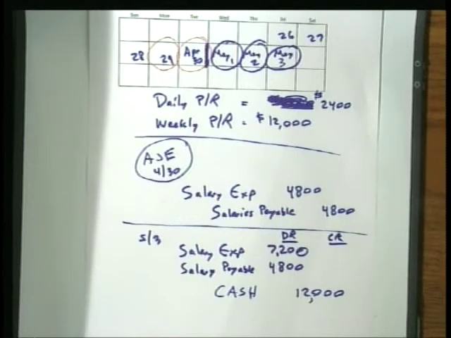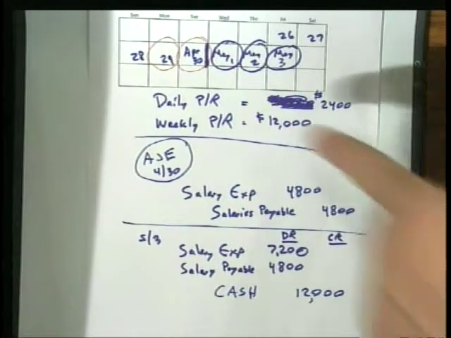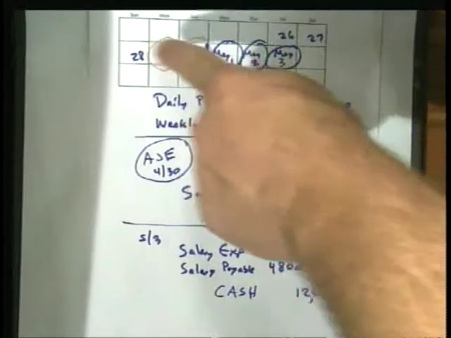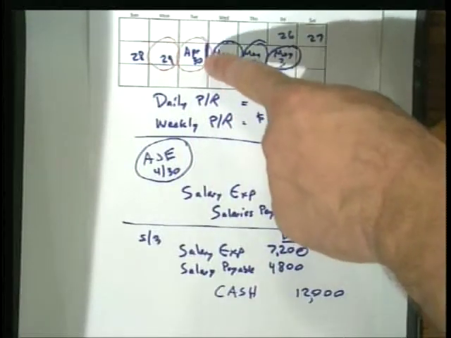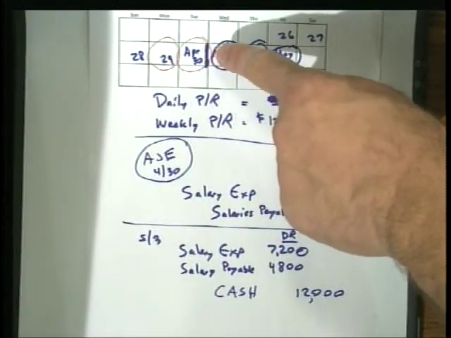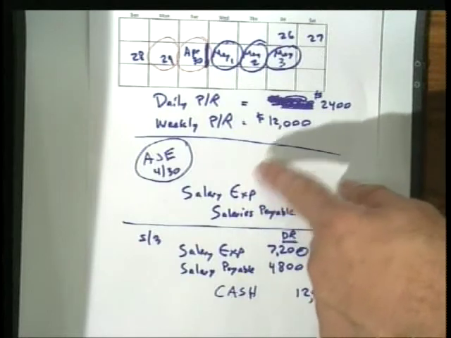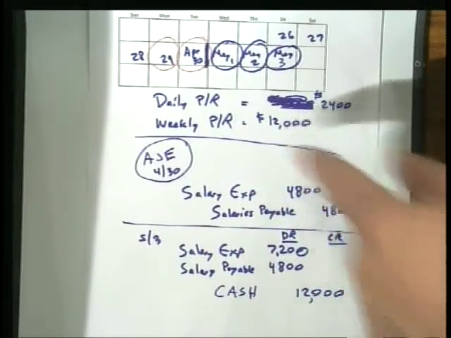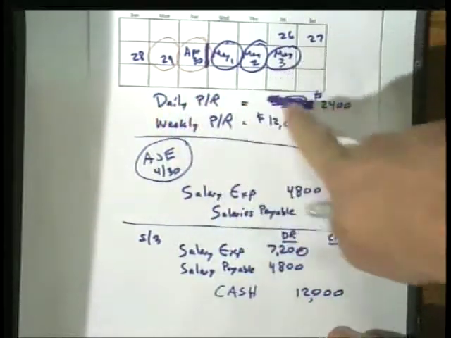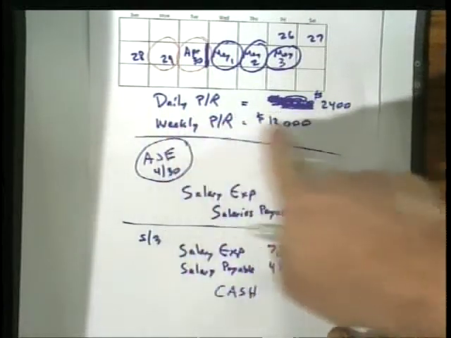Does that make sense? But I think sometimes it helps to visually write out a little calendar here, figure out what day that you make your financial statements of, ask yourself, what's my AJE? Well, actually before that, write out what your daily payroll is, write out what your weekly payroll is.